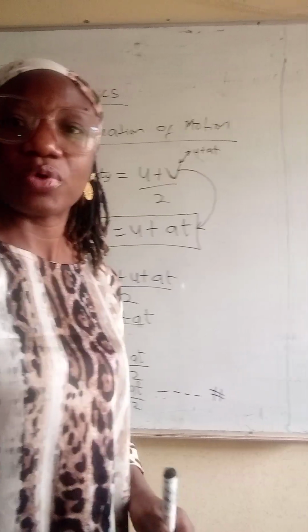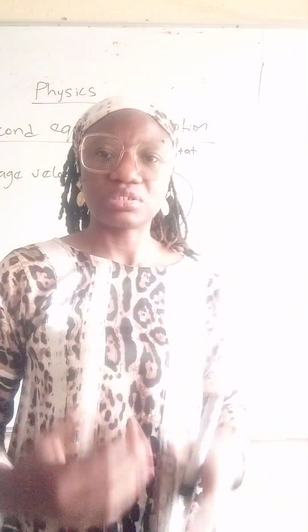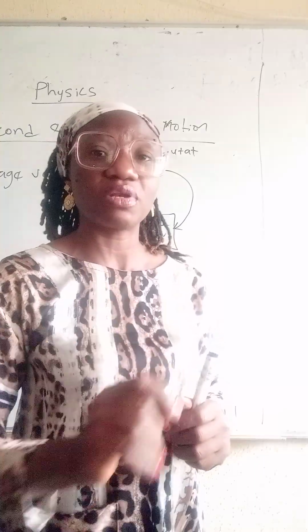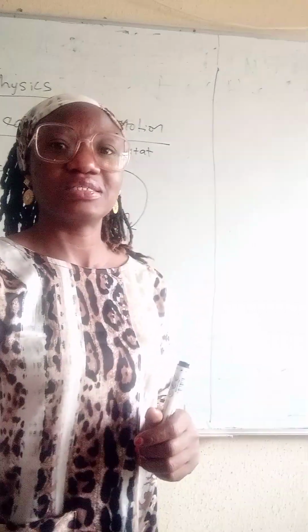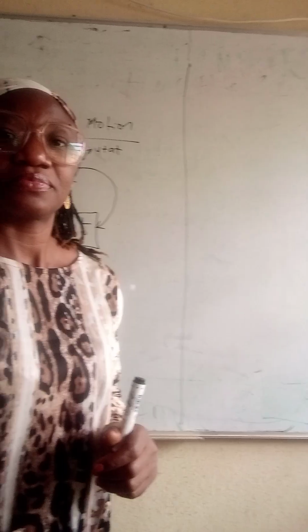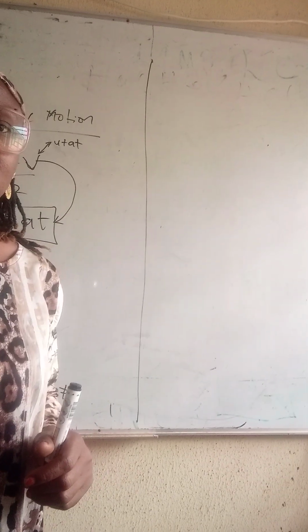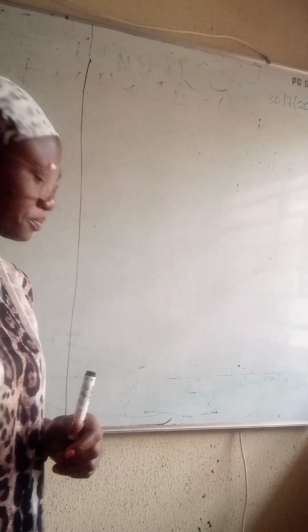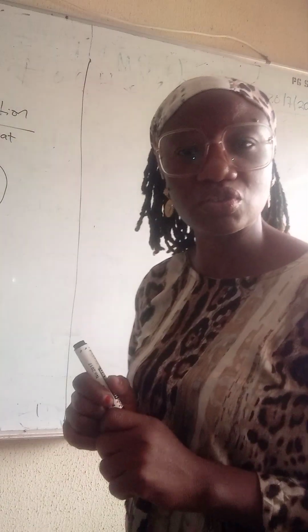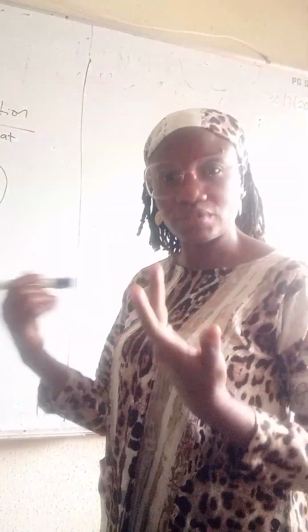Let's continue. Now we are going to work with the second formula that we know for average velocity. The second formula for average velocity is average velocity is equal to displacement over time, or distance over time.